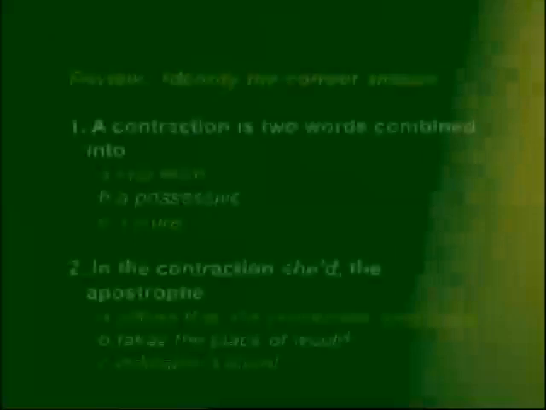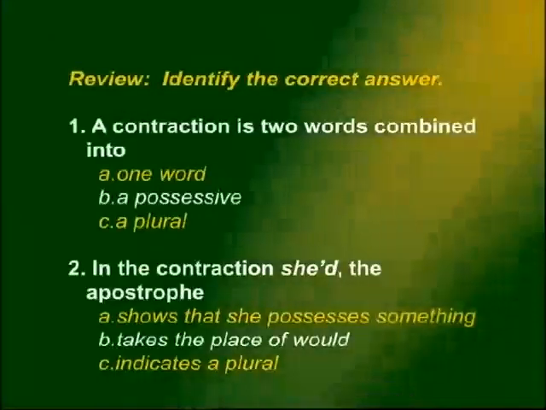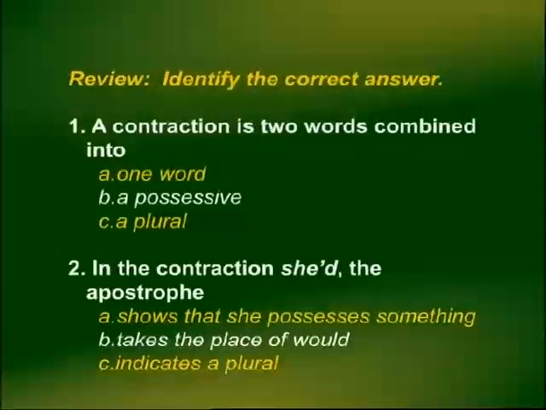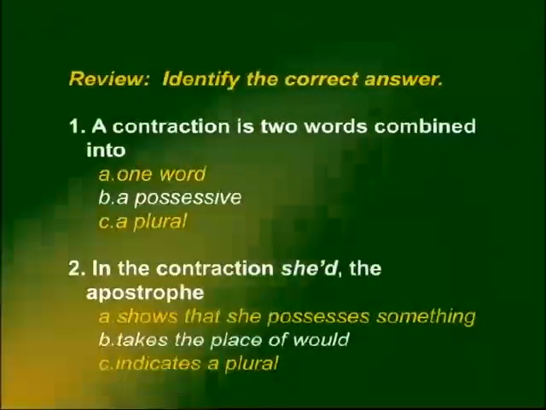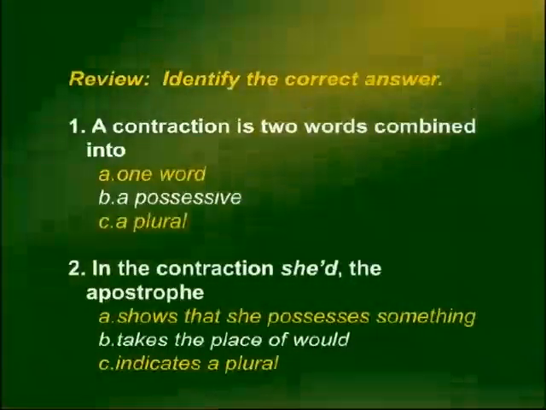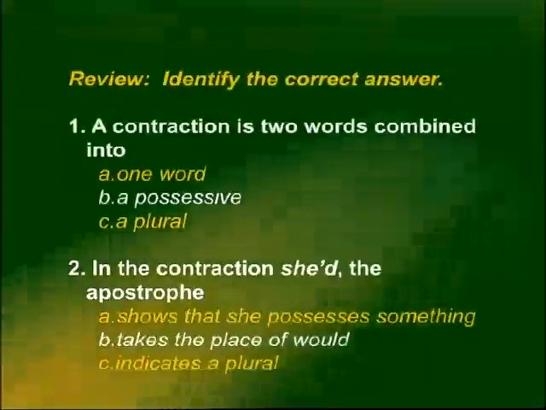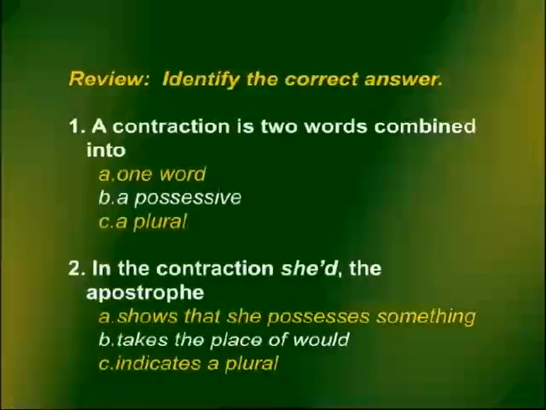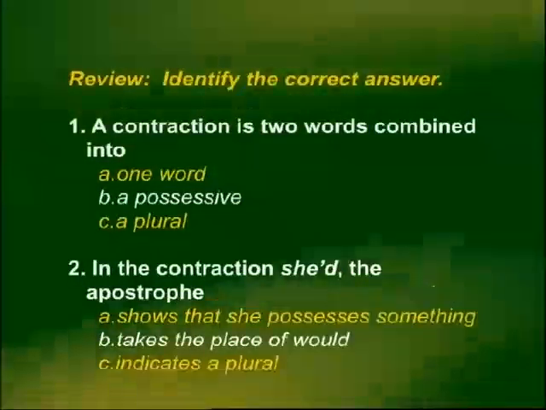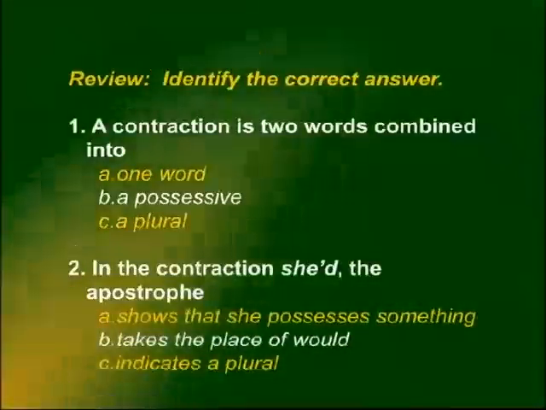Now, let us review this part of the lesson, the second half. Identify the correct answer. A contraction is two words combined into one. Is it one word, a possessive, or a plural? Statement number 2: in the contraction she'd, the apostrophe, three choices.